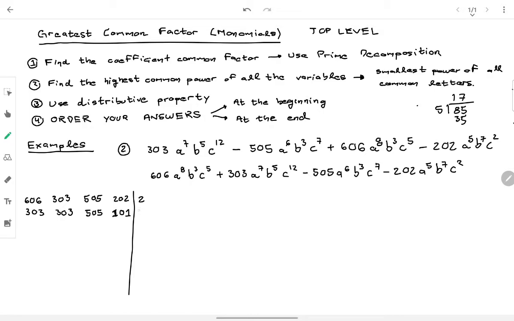Then we can continue with number 3. So it's going to be 101, 101, 505, 101. Then we can continue dividing by 5.